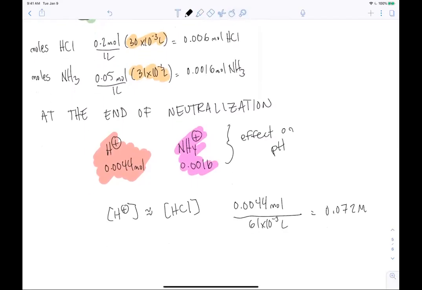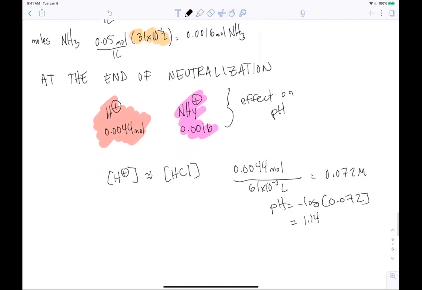And so our pH is going to be equal to the negative log of 0.072, which is equal to 1.14.